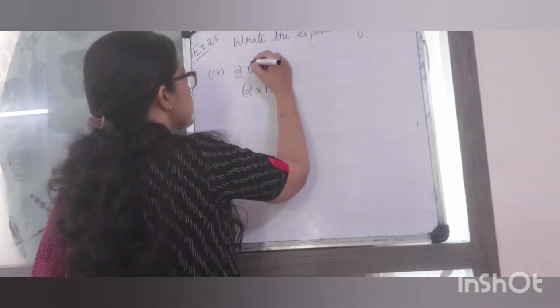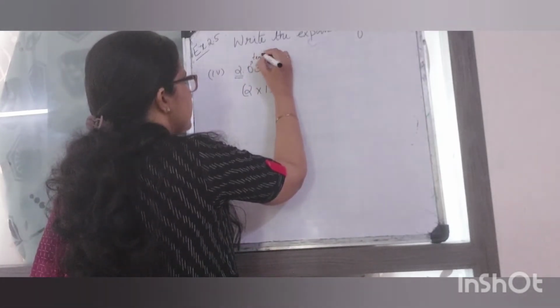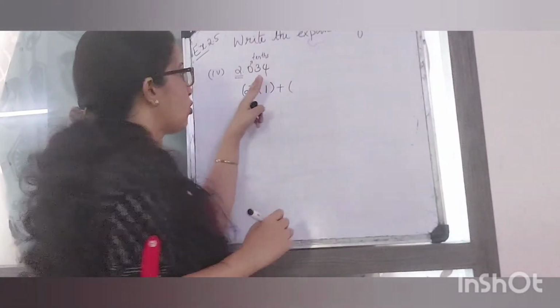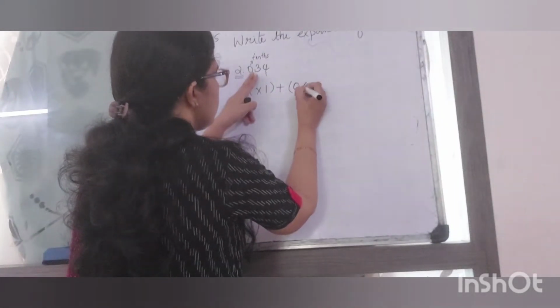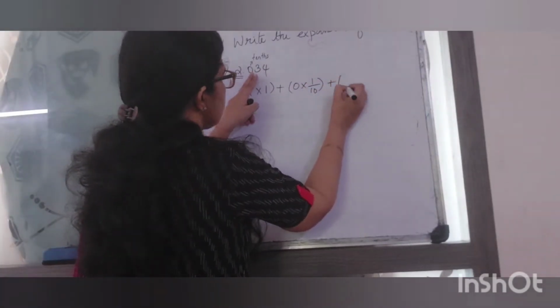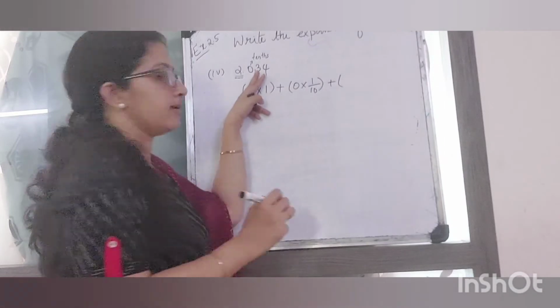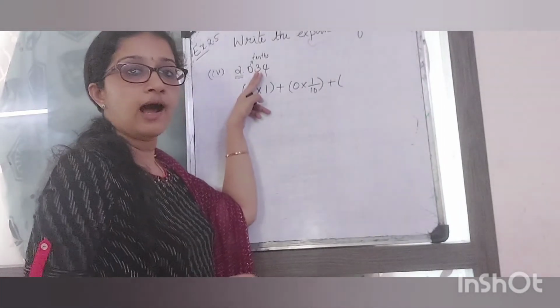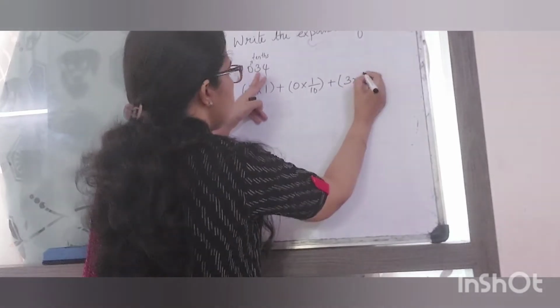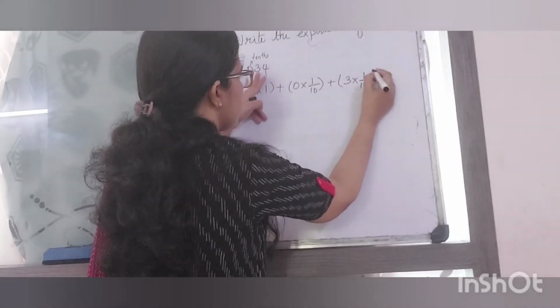So 0 is in the tenths place. So how can we write? 0 into 1 by 10 plus, what is the next digit? 3. 3 is in which place? Hundredths place. So 3 into 1 by 100.